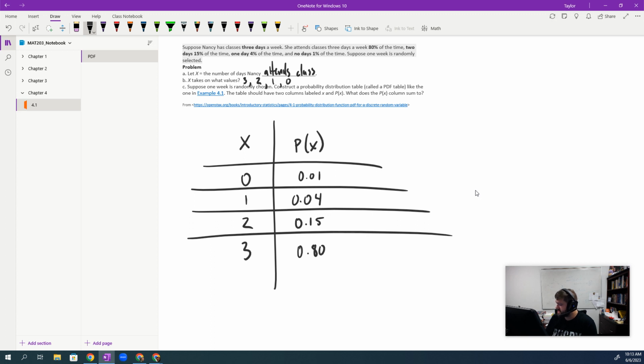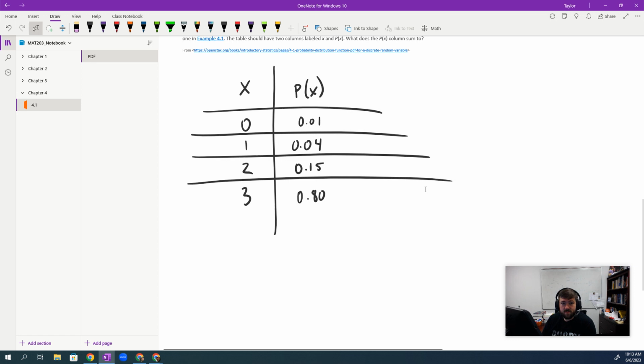She goes 80% of the time. Now, all of those probabilities are between 0 and 1. Check. Does it add up to 1? Well, 0.01 plus 0.04 is 0.05. 0.05 plus 0.15 is 0.2. 0.2 plus 0.8 is 1. So yes, this is a PDF.